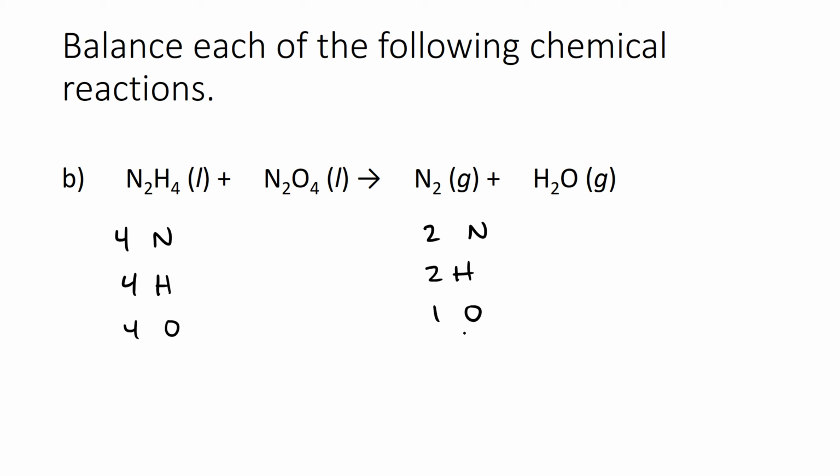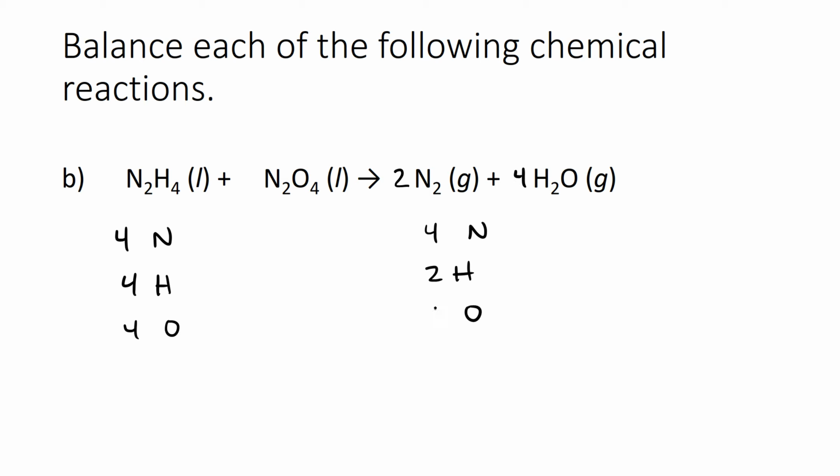I'm going to go ahead and start out by trying to balance the nitrogens first by putting a 2 in front of this. So that's going to give us 4 nitrogens. To balance out the oxygens, I'm going to put a 4 in front of this H2O.